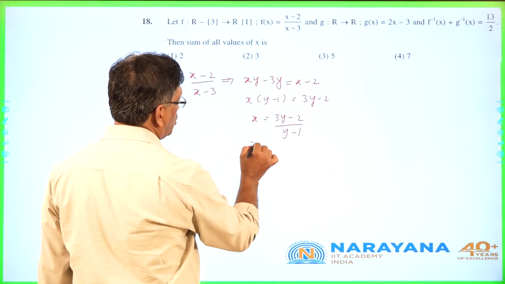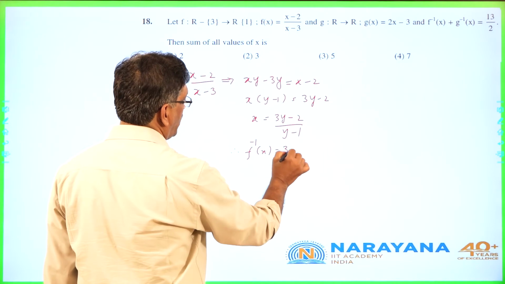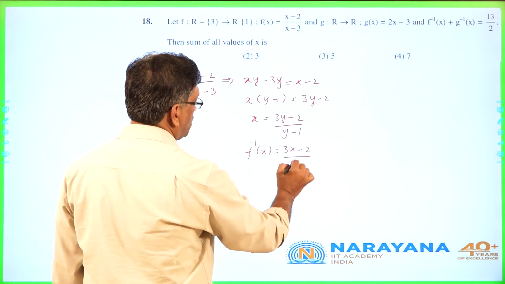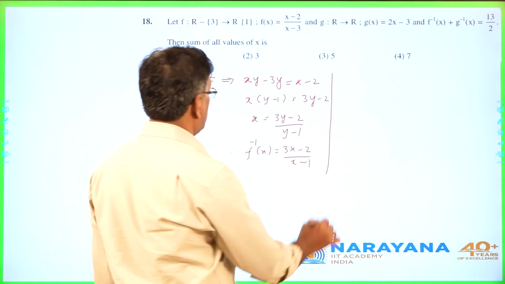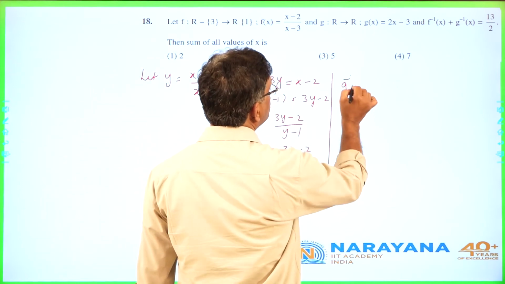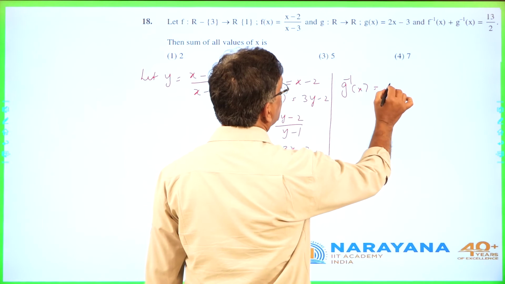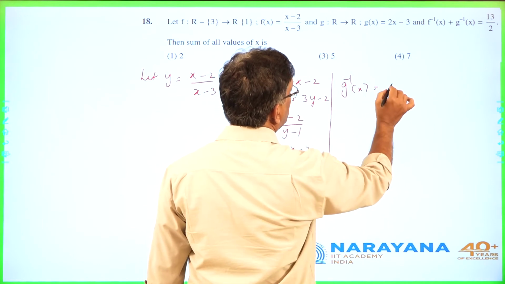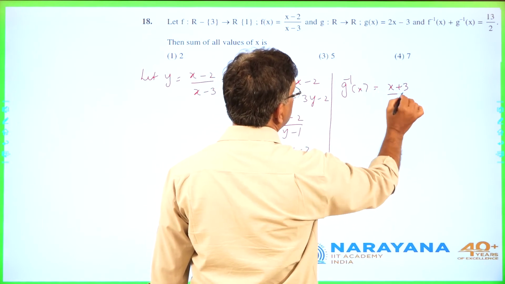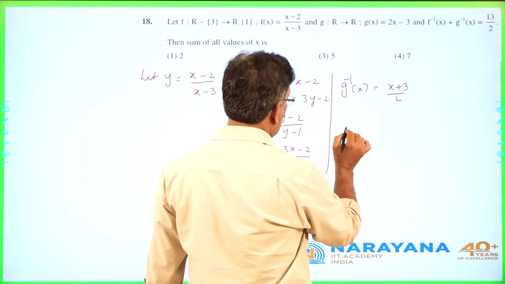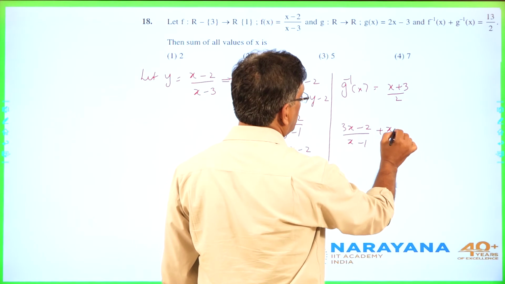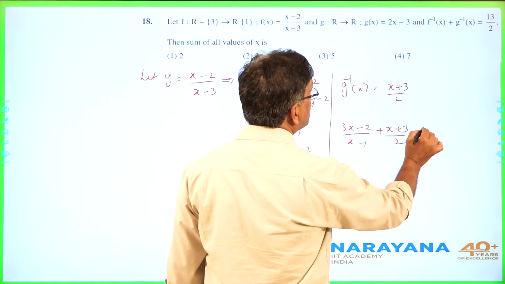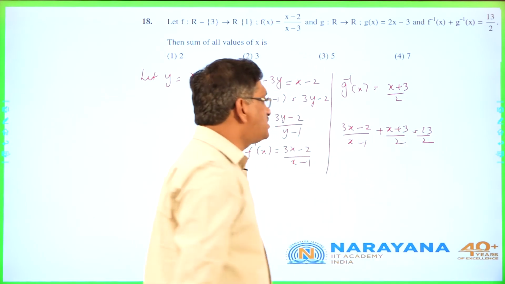So, therefore, f inverse of x is 3x minus 2 by x minus 1. Second one, g inverse x is equal to y. y means that is x plus 3 by 2. Now, 3x minus 2 by x minus 1 plus x minus 3 by 2 is this one.